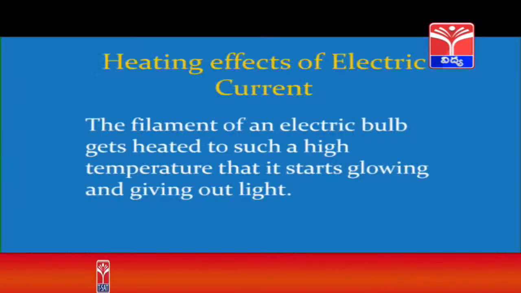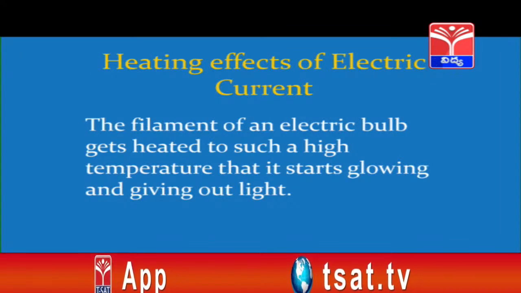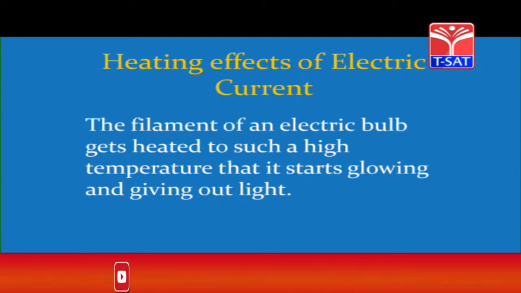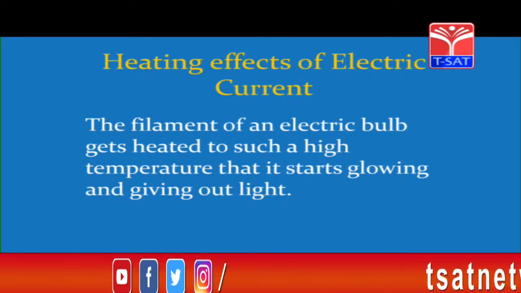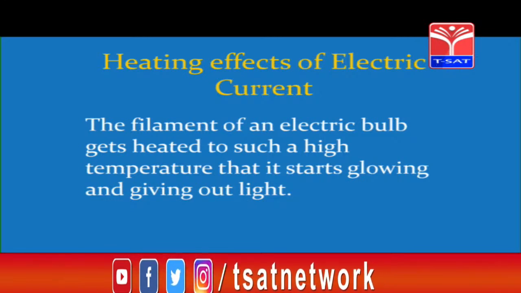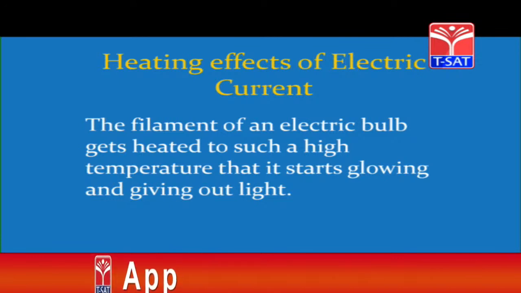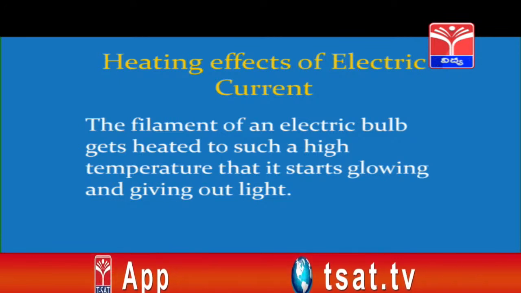Now, the filament of an electric bulb gets heated to such a high temperature that it starts glowing and giving out light. Children, do you know which metal is used as a filament in an electric bulb? Yes, the metal is tungsten. Its melting point is very high.